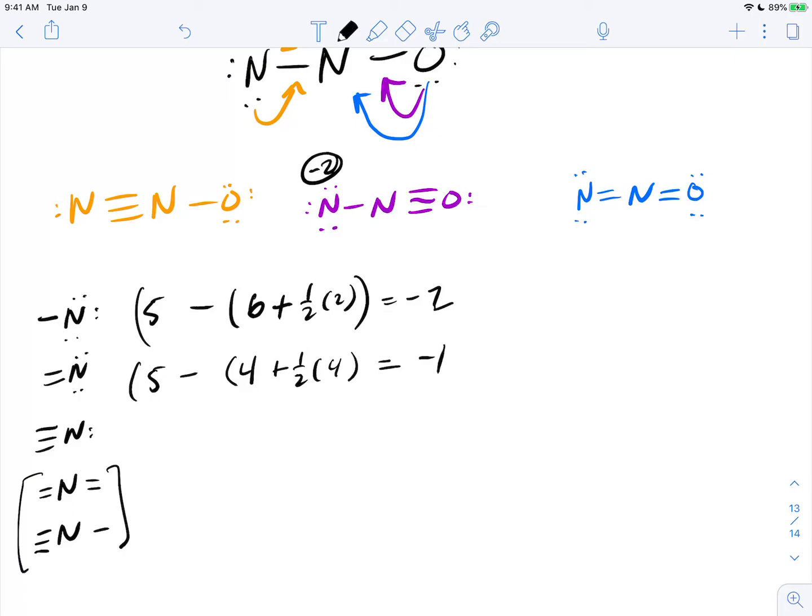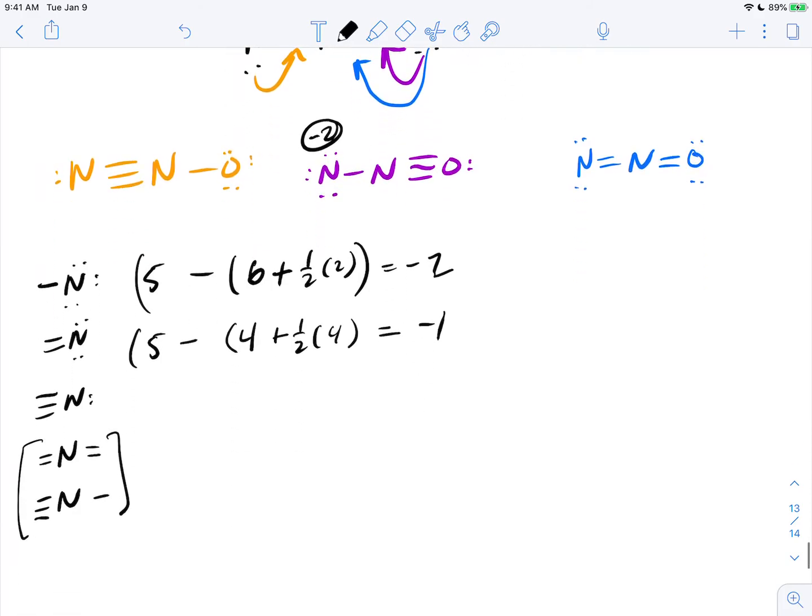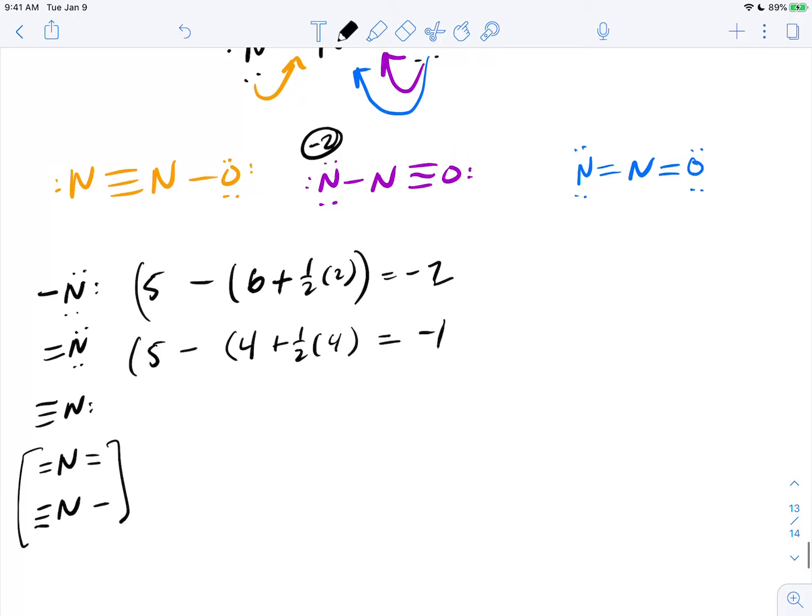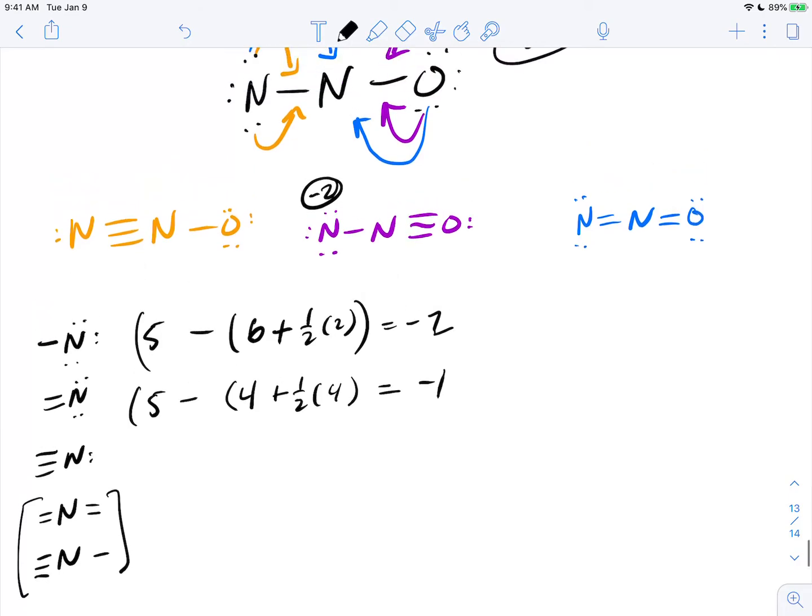So we have 4 plus 2 is 6, 5 minus 6 is -1. So by removing a lone pair or adding a bond, it goes down by 1. Okay, you'll see a trend here, and that's where we're kind of writing these out like this. So we see the double bonds here. That's -1. I think that's the only place where I see that.